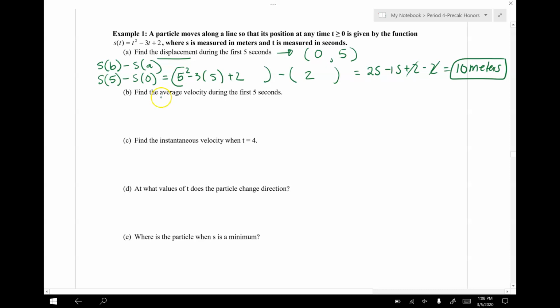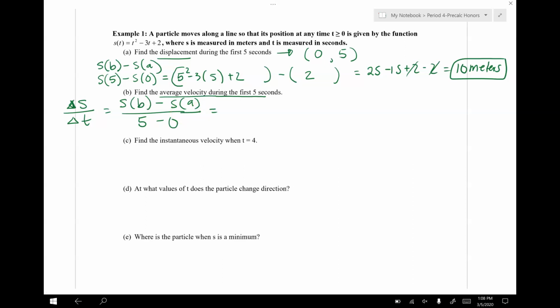B, find the average velocity during the first 5 seconds. Average velocity is delta s divided by delta t. Well, that's the difference in position, which is s of b minus s of a, all over the change in time, which is 5 minus 0, because b is 5 and a is 0.